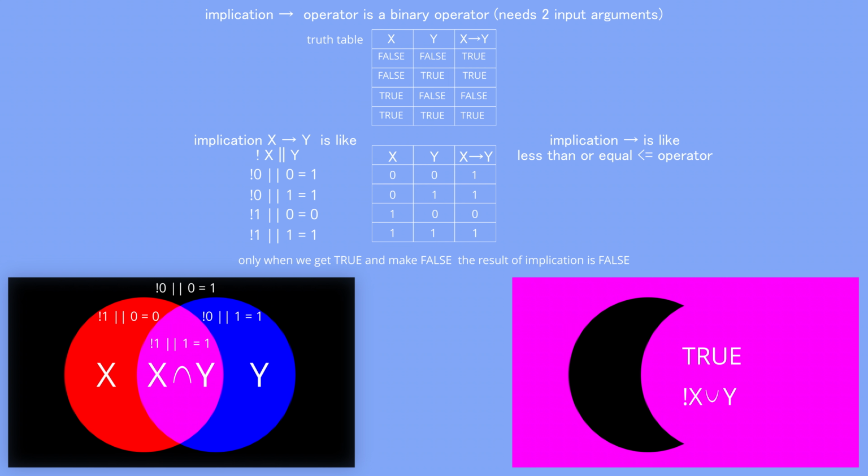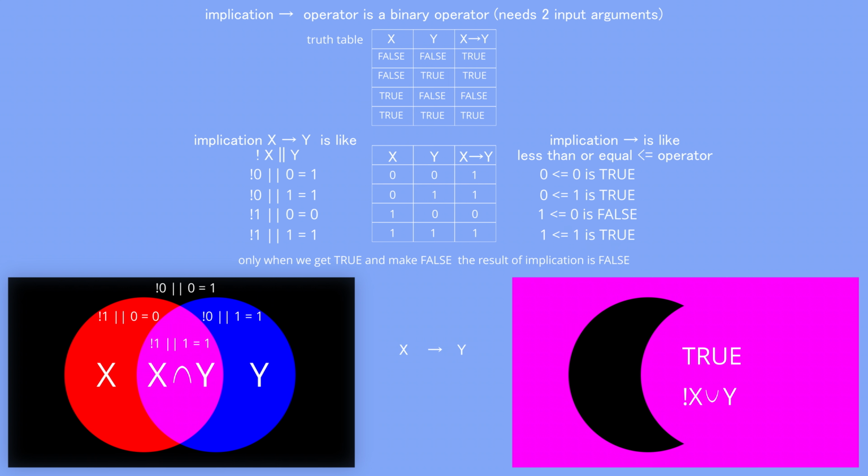Let's check. 0 is less than or equal to 0 is true. 0 is less than or equal to 1 is true. 1 is less than or equal to 0 is false. 1 is less than or equal to 1 is true.